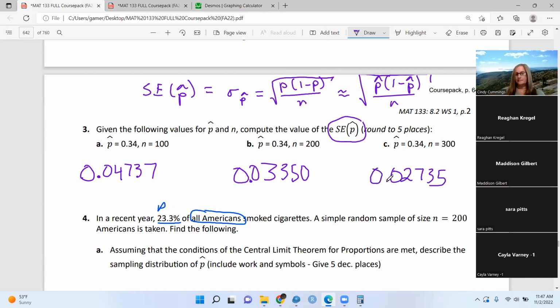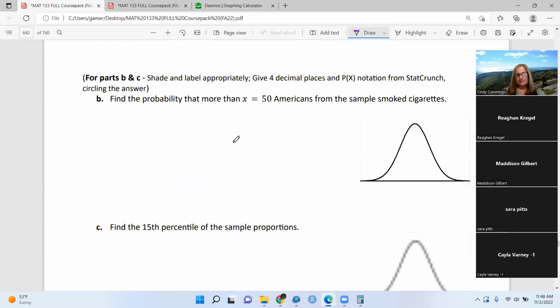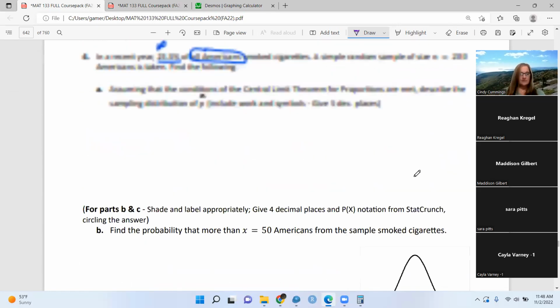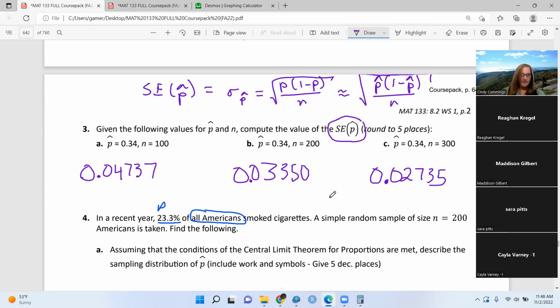This becomes a basic skill, meaning you just need to be able to do this because you're going to be using these in calculations. That's part of why that's here for practice. You got to type it up, get the numbers, and then use that to do things like this. What's the probability? Any questions on that?